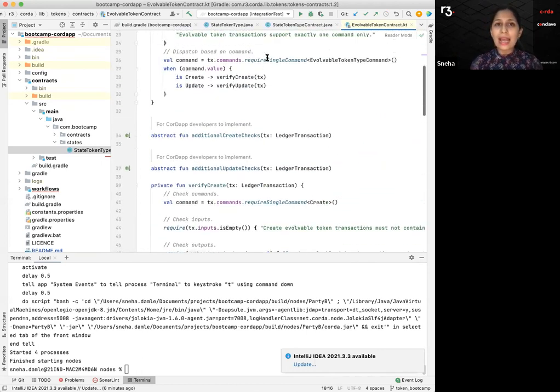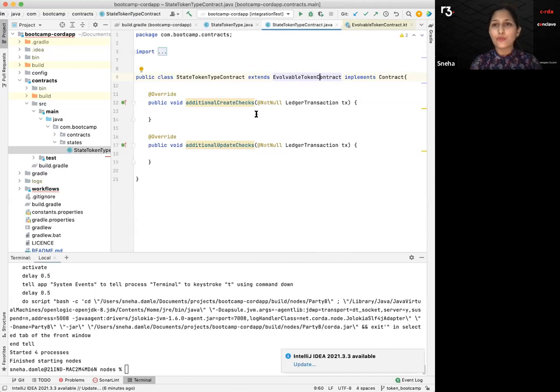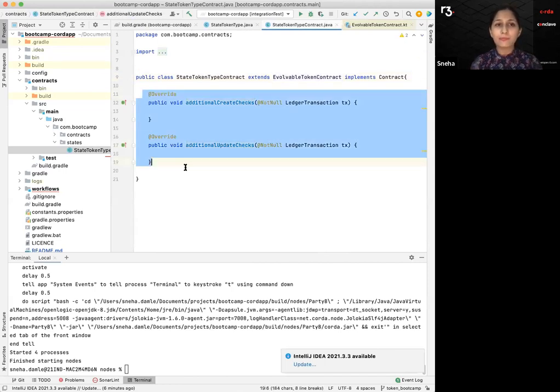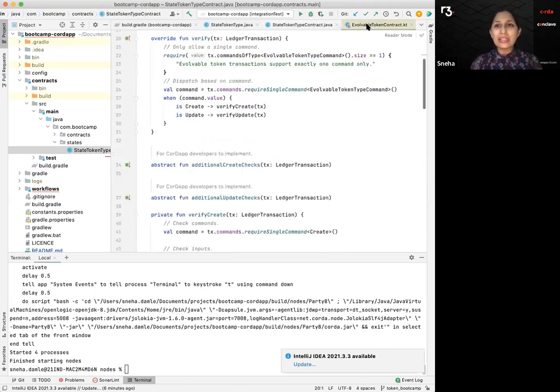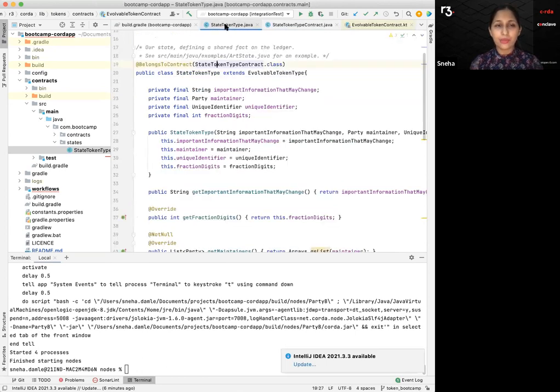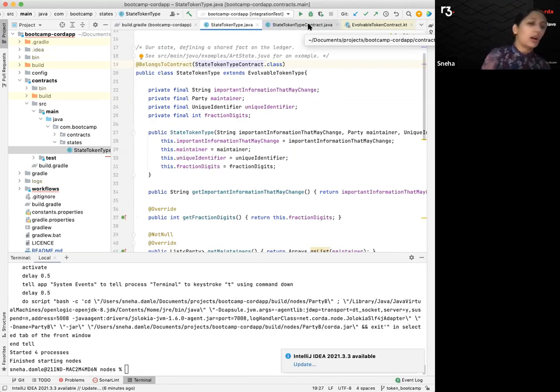You can of course add more validations in your contract class, but most of the work is already handled for you by the evolvable token contract class. So we have defined our state, and we have seen how you can write more validations in this state token type contract. Now let's jump onto the flows.